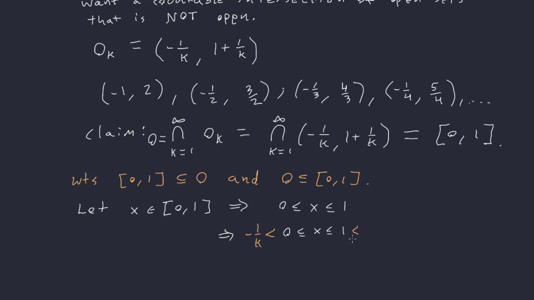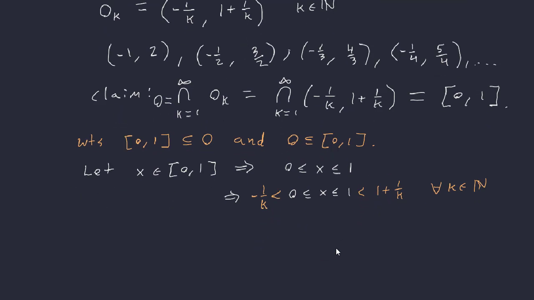And 1 is always strictly less than 1 plus 1 over k, since the 1 over k is always positive, and this is true for all k in the naturals. I guess I didn't specify that here. This is for all k's in the naturals. Okay, we don't want to be dividing by 0 and all that kind of stuff.